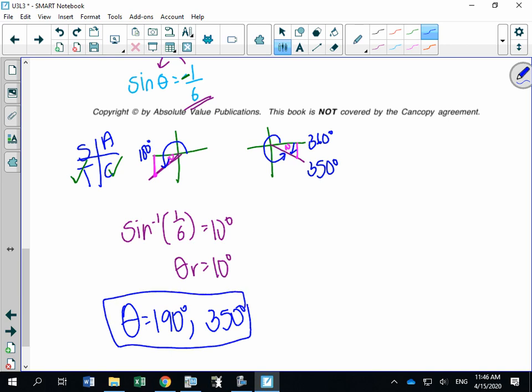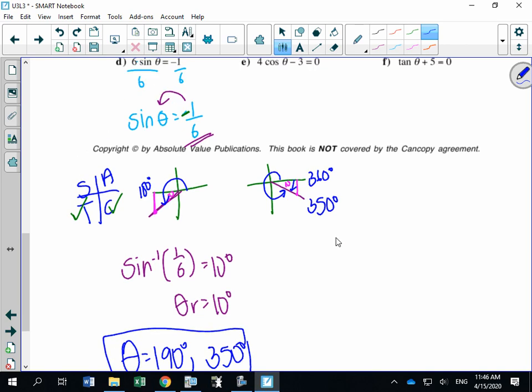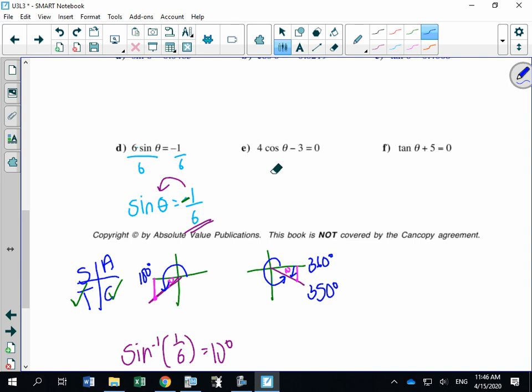Okay, so for the next two, I won't completely solve it. I'll just make sure I'll help you set it up. If we needed to isolate cos of theta, get rid of that -3 by adding 3 to both sides. And we would get 4 times the cos of theta is equal to 3. Divide this by 4, divide this by 4.